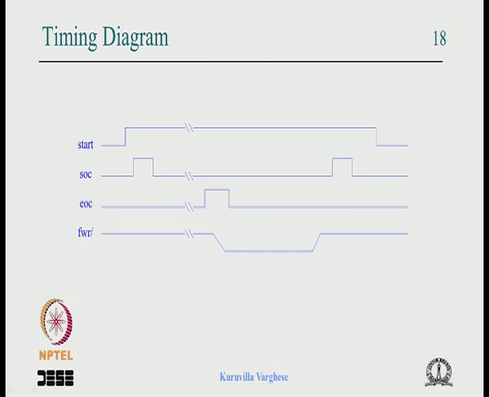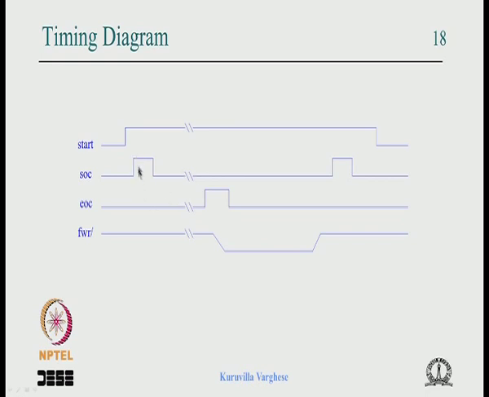But the next question to ask is, how do we generate very precise timing for this FIFO write? Here the start of conversion is a simple thing. At the beginning SOC was 0; when the start signal comes, we go to a state, make SOC 1 and transit to another state and make SOC 0.